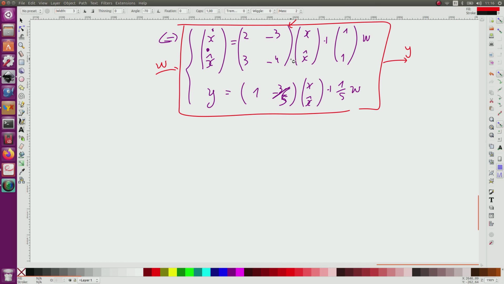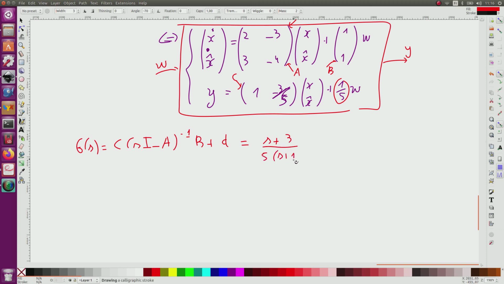So for this, I will apply the formula. Transfer function for this is equal to C (sI minus A) inverse B plus D. So D is this one, A is this one, B this one, and C this one. So I make the computation, and I obtain (s plus 3) divided by 5(s plus 1).